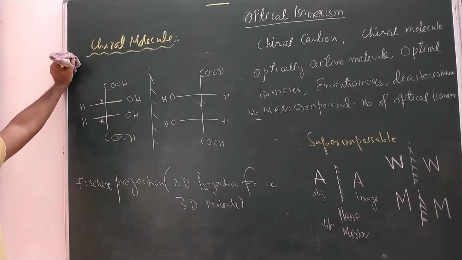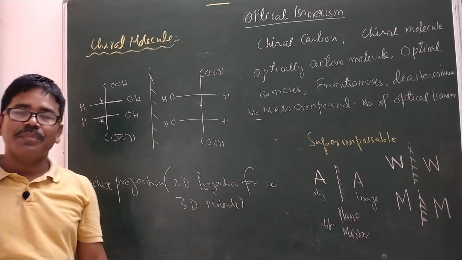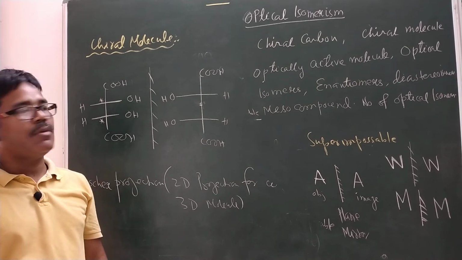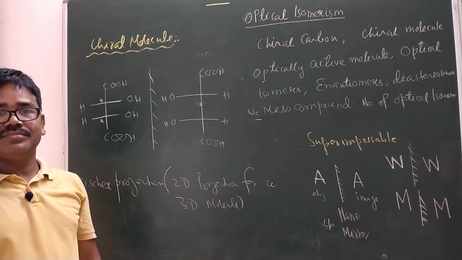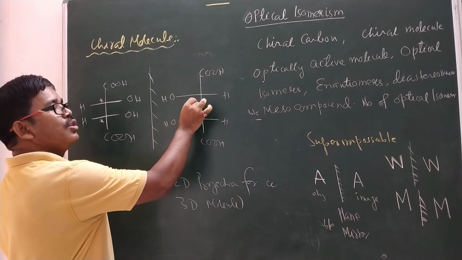In case of Fischer projection, a molecule can be rotated by 180 degrees about an axis perpendicular to the molecular plane.